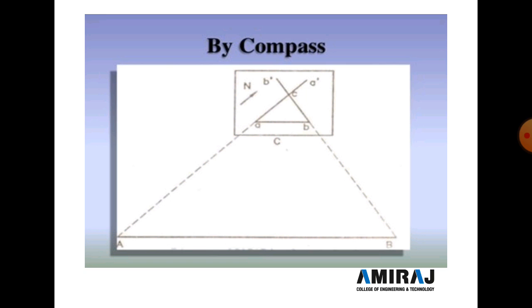Pivot the alidade about a and draw the ray towards A, and similarly pivot the alidade about b and draw the ray towards B. Means from a to A dash point and b to B dash point are drawn, and both lines intersect at point c. So this method is known as the compass method.